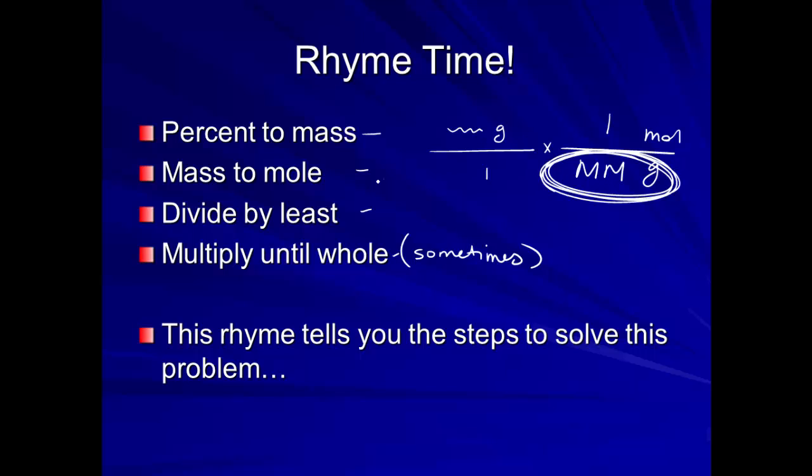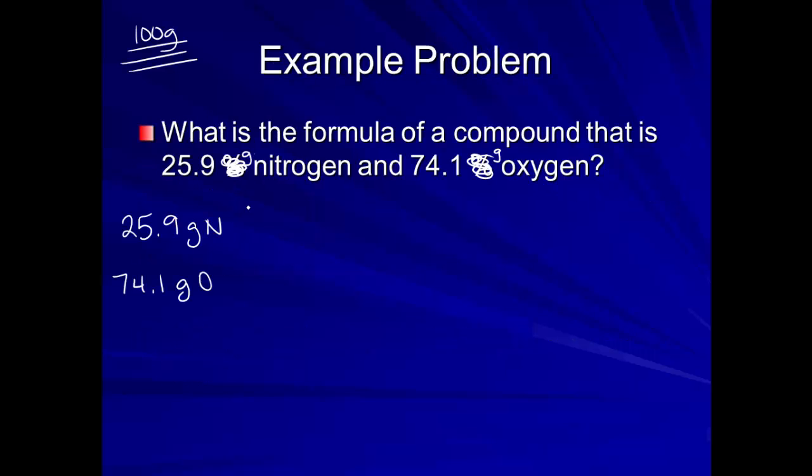I'm going to divide nitrogen and oxygen by their molar mass on the periodic table. So you might want to have your periodic table handy. Nitrogen is 14.01 and oxygen is 16. I'm going to do those divisions and write down those numbers as the moles of those elements.